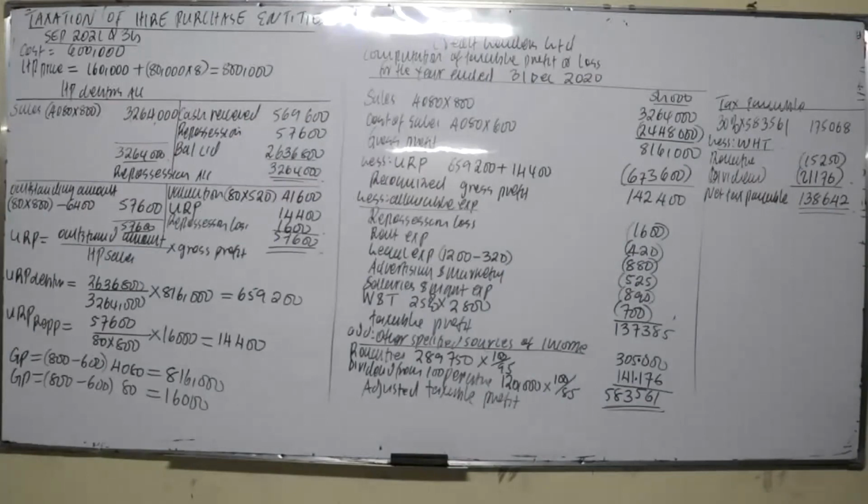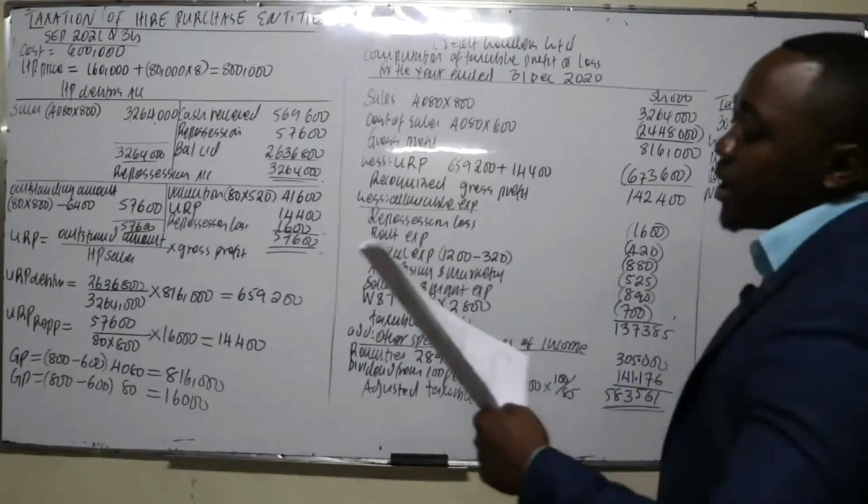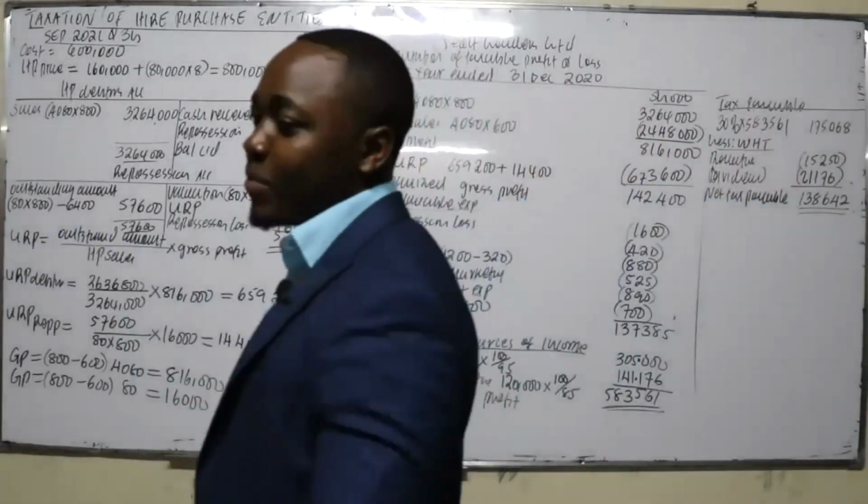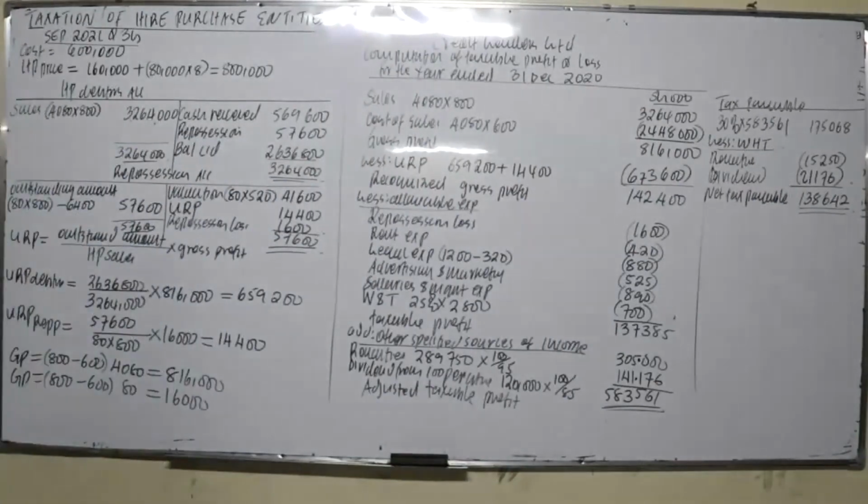In 2020 it was 25%. But we are not answering for 2020; now we use the standard rate of 30%, unless they specify that the tax rate for that year was 25%.